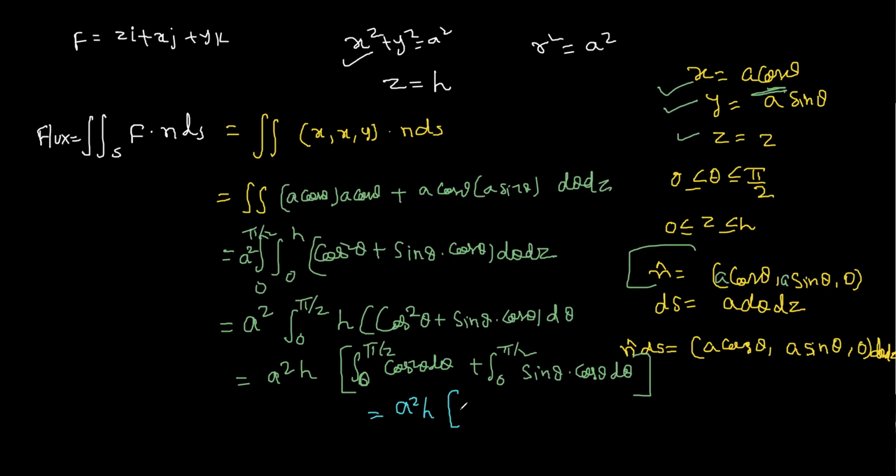Integration of cos square theta is pi by 4, and integrating the other term from 0 to 1 gives pi by 2. Okay. This is your answer.